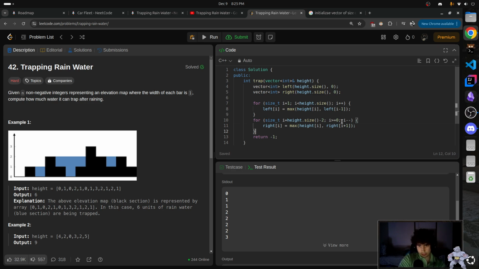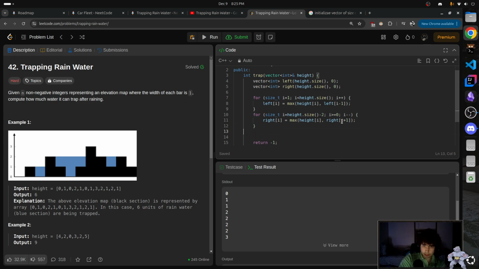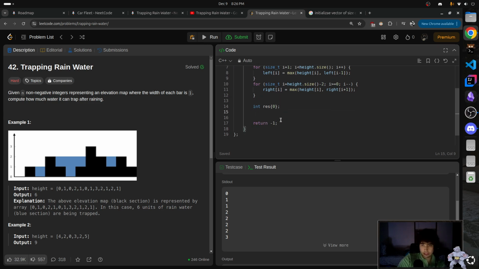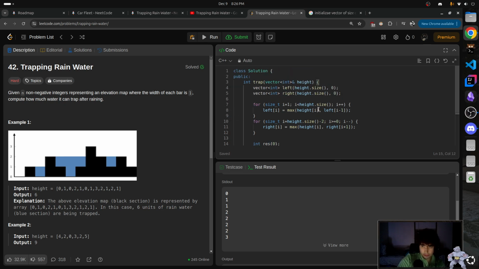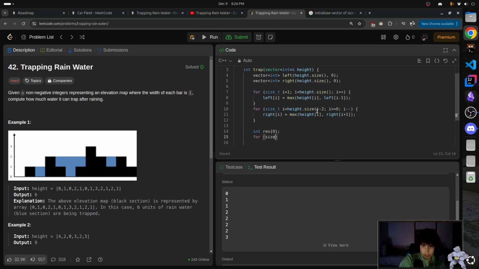And then I'm gonna have an int res equals 0. And basically for size.